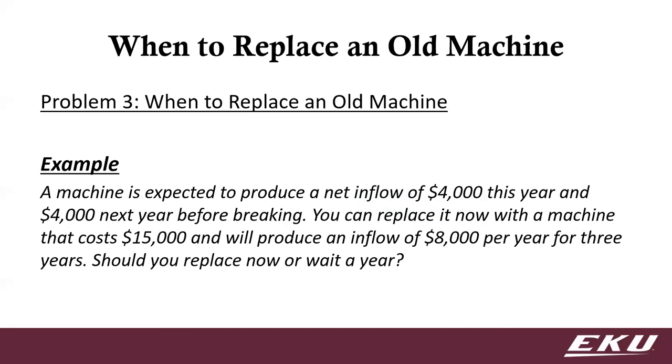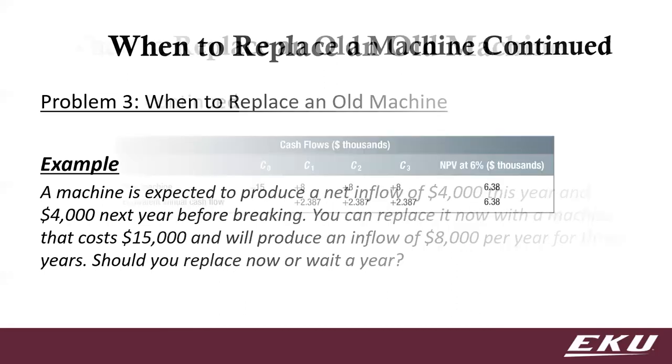By then it's probably done. But I could replace it now, and it would cost me 15,000, but I'm getting inflows of 8,000 a year for 3 years. Should I replace it now, or run it for 1 year and then replace it? When is the optimal time?